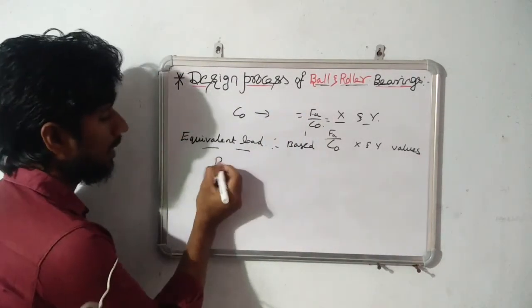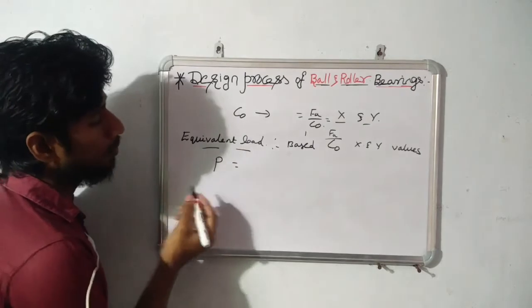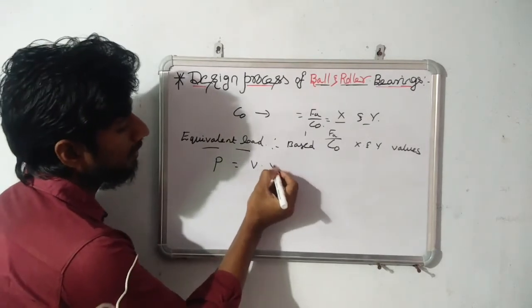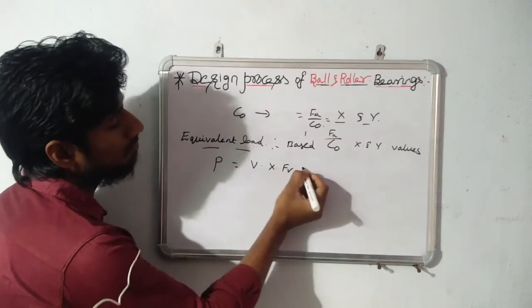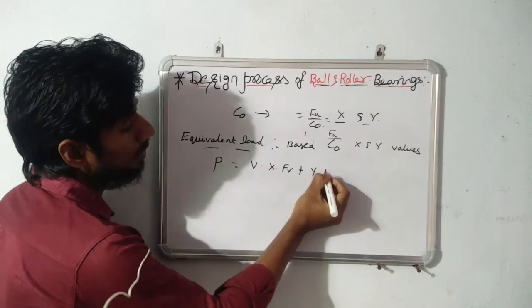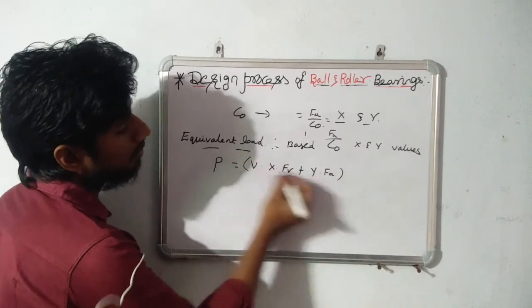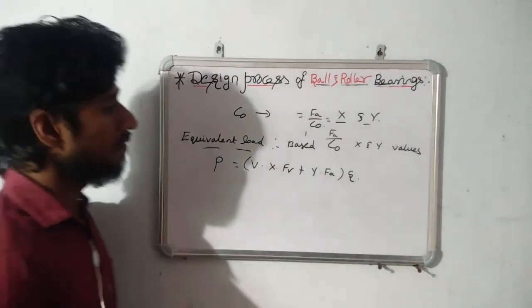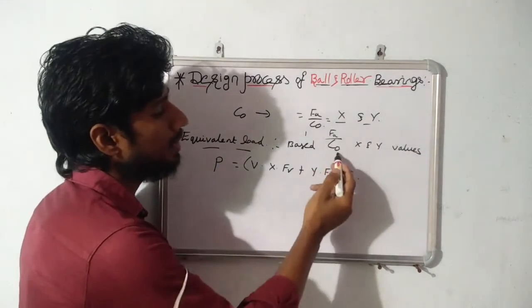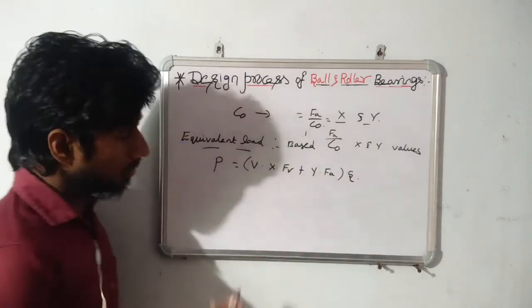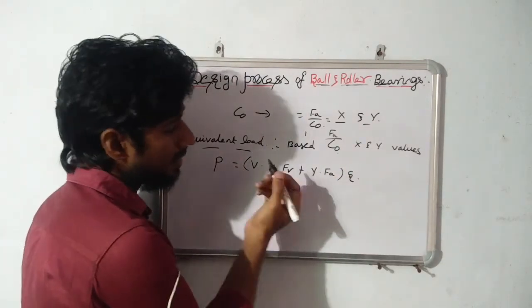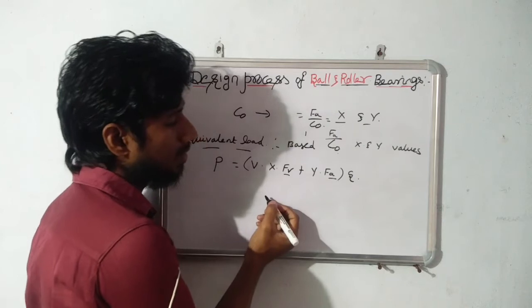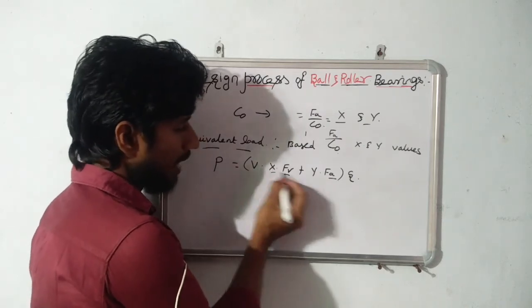So again, what we know, equivalent load P equal to V into x into FR plus y into FA into S. So this is the equivalent load based on the FA by C naught x and y values. Here FR is a constant value and FA is a constant value. But what about x and y?